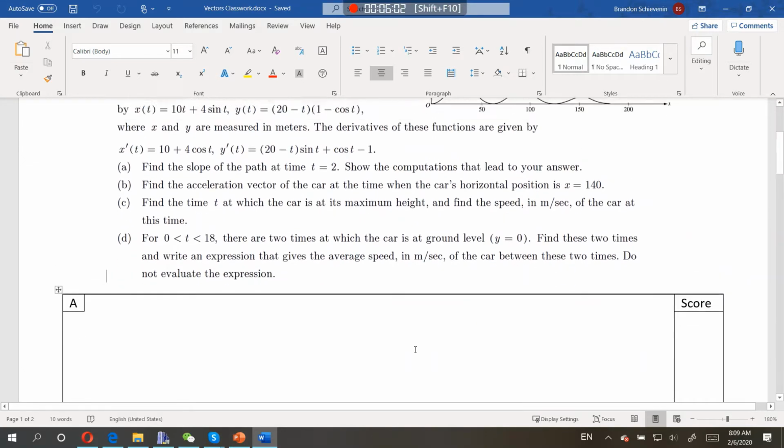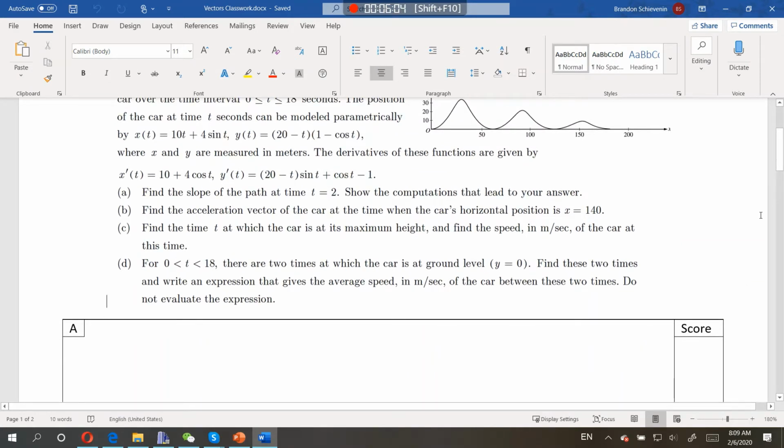So what would I have to do to find slope? So we derive the x and y. Okay, so the slope of my path should be my dy over what? dy over dt over dx over dt. Right, okay.